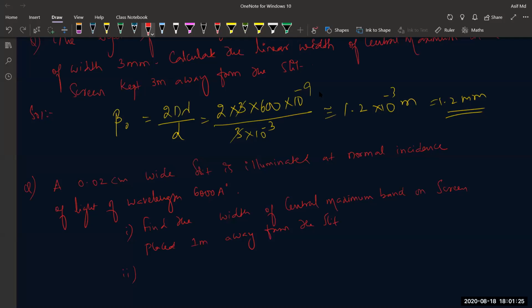Question number 2. What should be the fringe width if the apparatus is immersed in water, whose refractive index is 4/3?